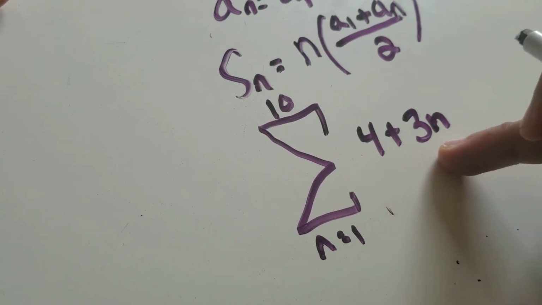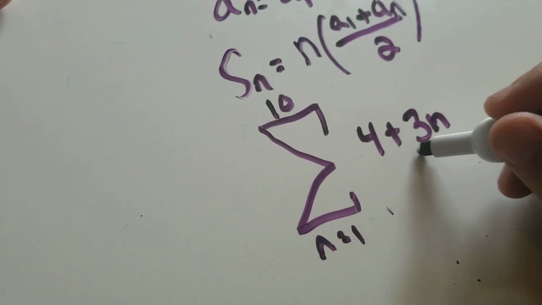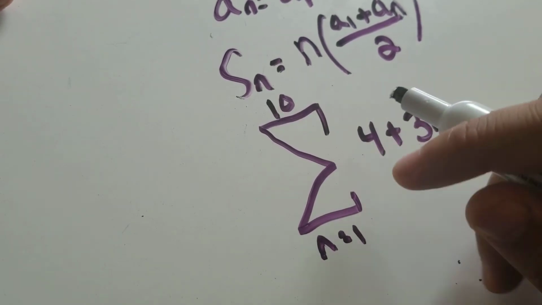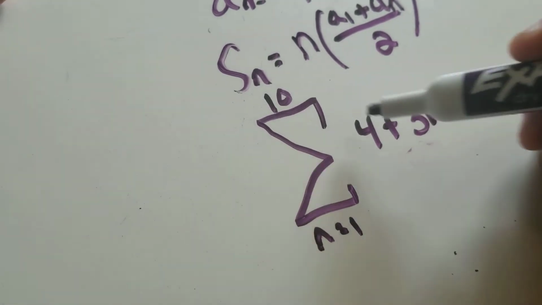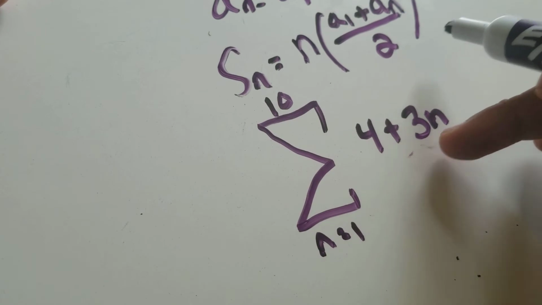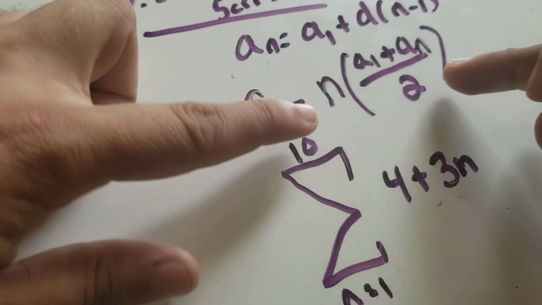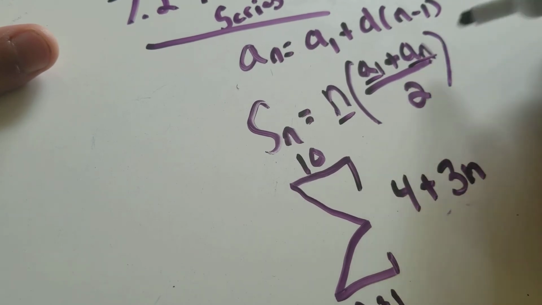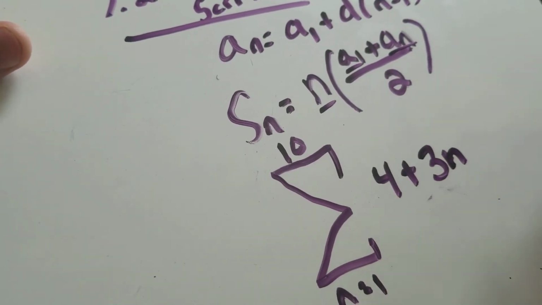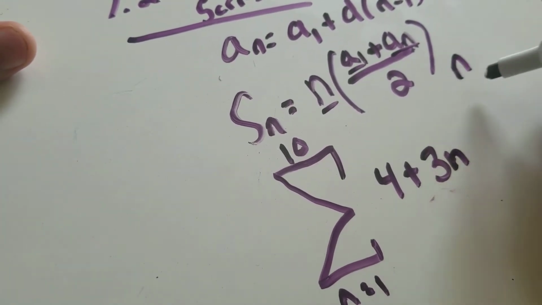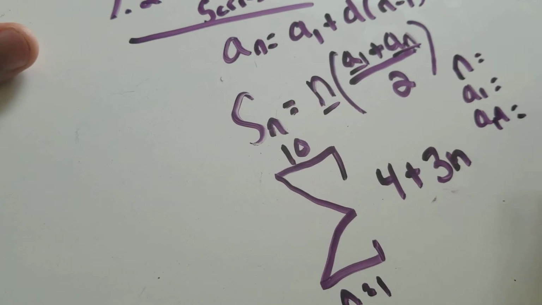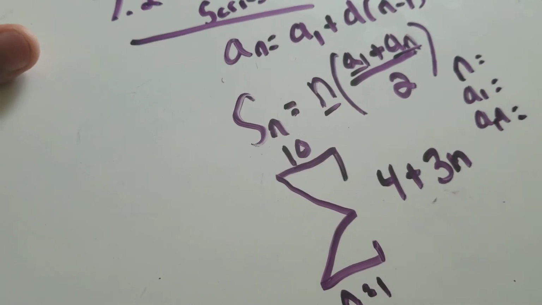So this is an arithmetic sequence, and we know that because the d is a normal number, and we're just adding each time. So we're going to use this equation up here to solve this. In order to solve this, we need n, a of 1, and a of n. So it's on us to identify those. Before we can even solve this, we need to figure out these guys over here.